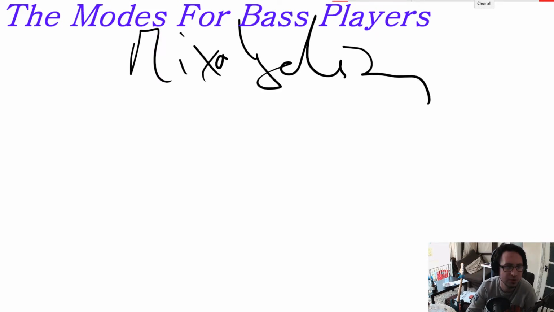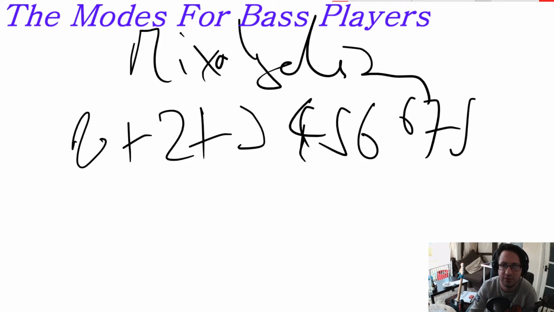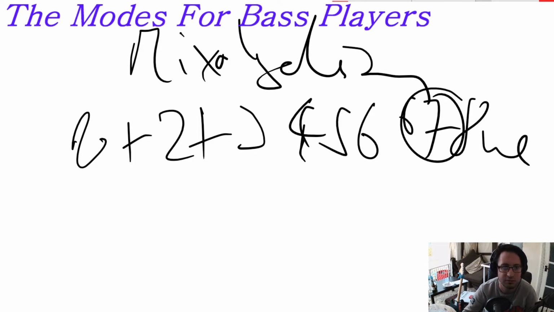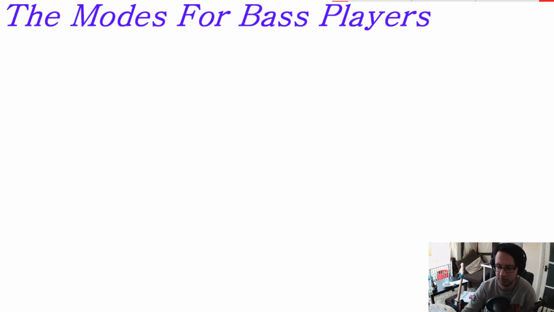Mixolydian, which has the formula of root, 2nd, 3rd, 4th, 5th, 6th, flat 7th octave. Again, this is the signifying note now, and that means we can use it over a dominant chord as well, but we'll come back to that. So that's the signifying note, and it would be a G, A, B, C, D, E, F, G. So let's put up the structure again.